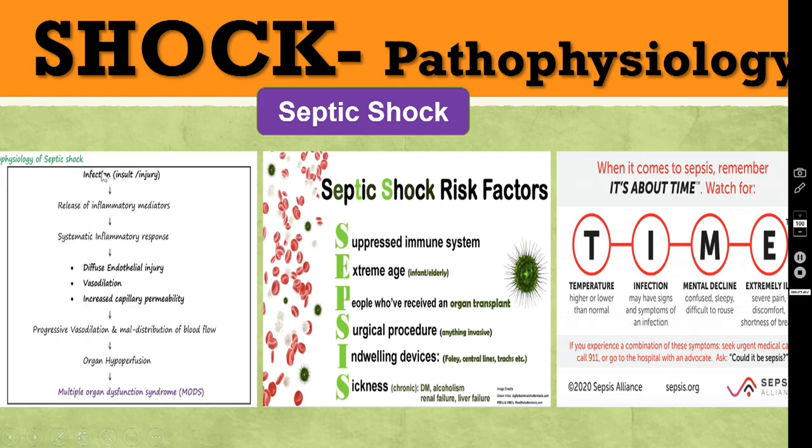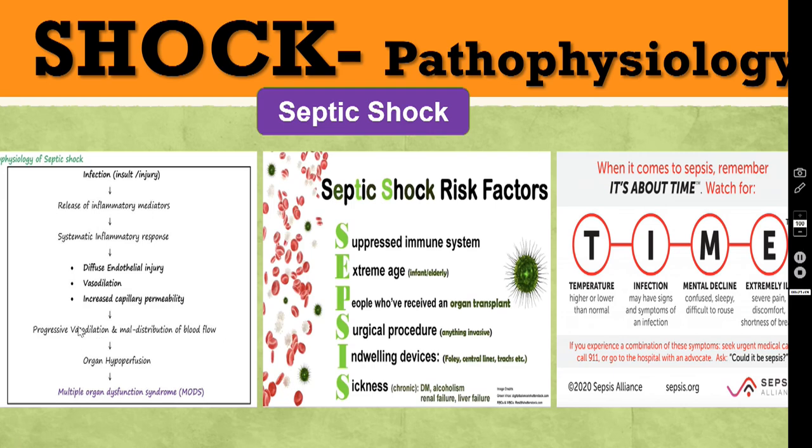That infective organism can release this one, and these endotoxin or exotoxin will release inflammatory mediators. Okay, this systemic inflammatory response will follow, and that will result in diffuse endothelial injury to the vasculature, the peripheral vasodilatation, or increased capillary permeability.